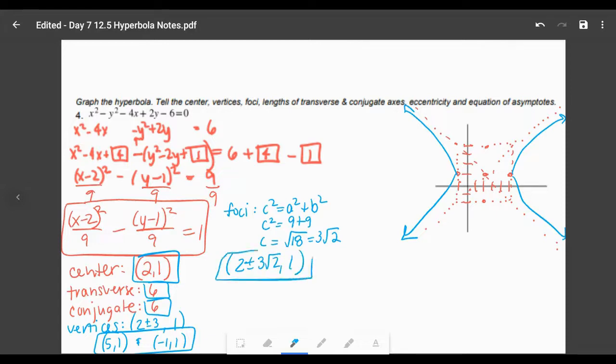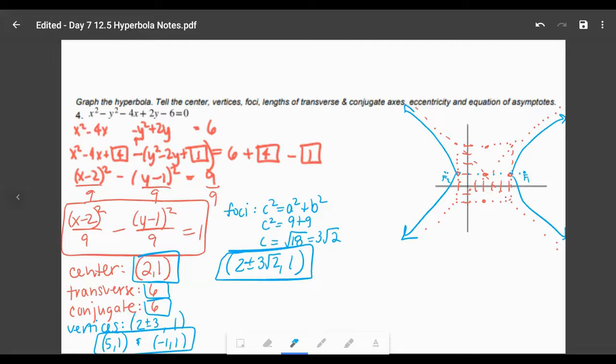We can draw those focal points on the graph if we would like. So the square root of 18 is more than 4, but it's less than 5. So a little more than 4 units out. 1, 2, 3, 4. So we'll put it over here. That's focal point 1. And then we'll go 4 units and a little bit more to the left, and that is focal point number 2.